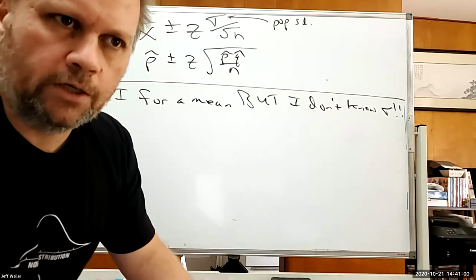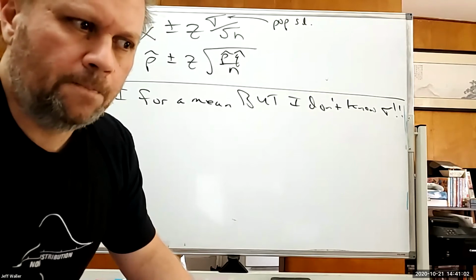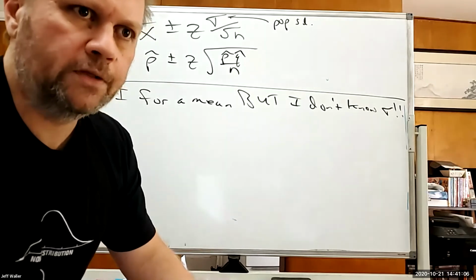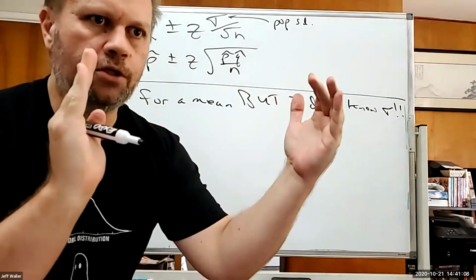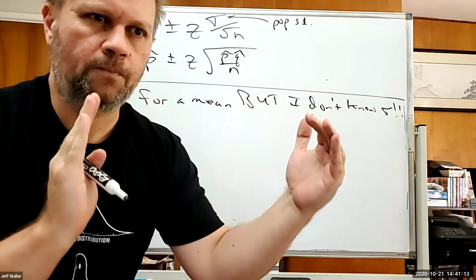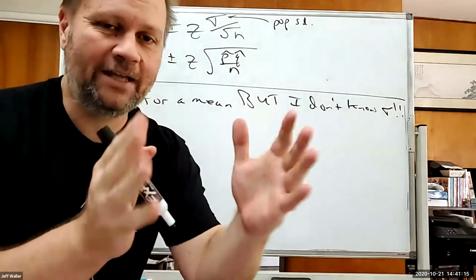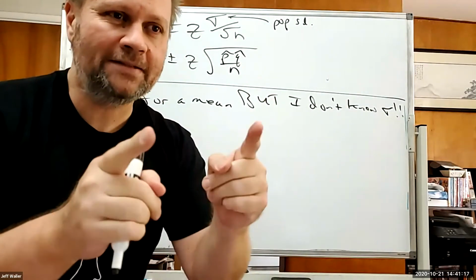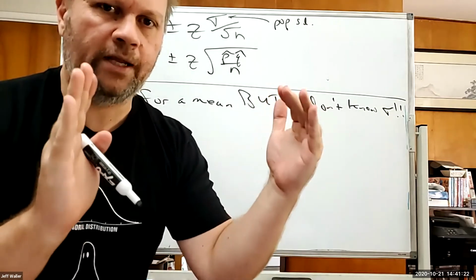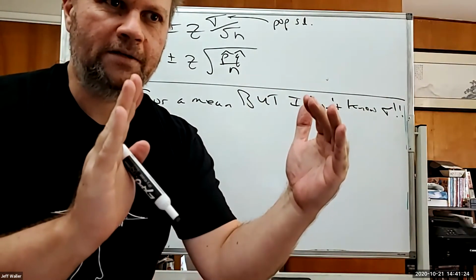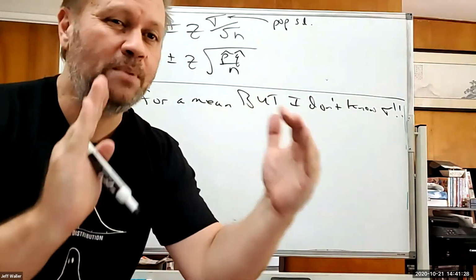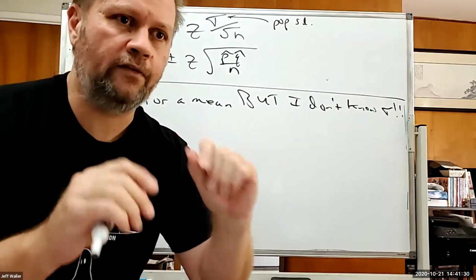So if there's something I am not sure about, should that lead to a larger interval or a smaller interval? Larger. Yes. Larger, more room for error. I've got to make it bigger to cover myself for what I don't know. Does that make sense? So if I don't know something, my interval's got to get bigger to cover me for that fact.